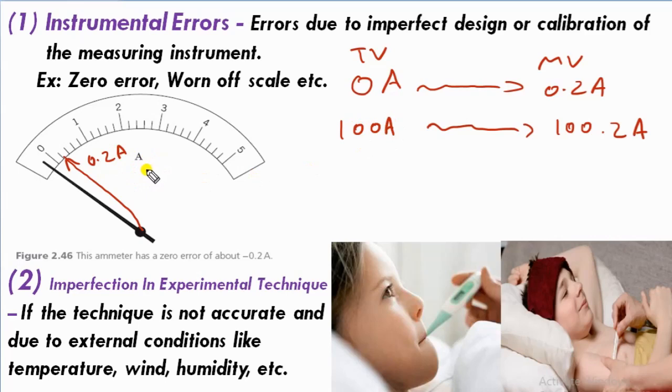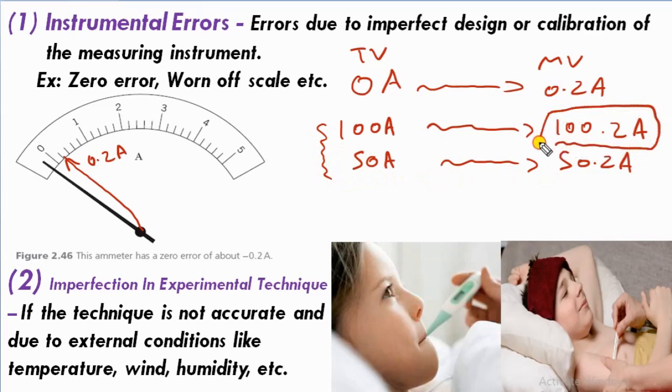So each time it is going to show a measured value that is more than the true value by 0.2 ampere. The magnitude of the zero error is 0.2 ampere. So when the true value is 50 ampere, this ammeter will give a reading of 50.2 ampere. Each time it is giving a reading that is 0.2 ampere higher than the true value.